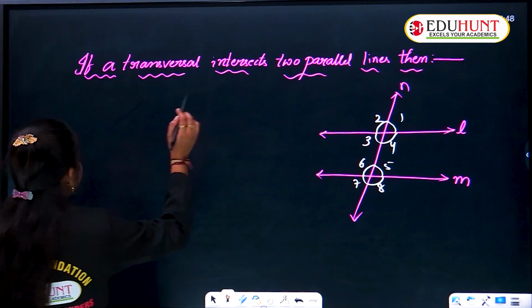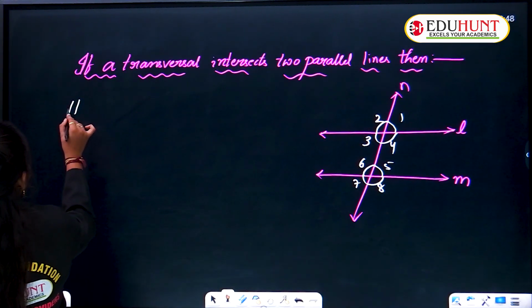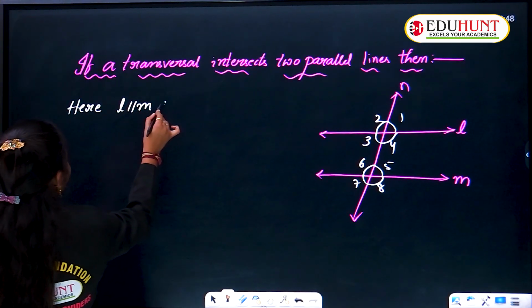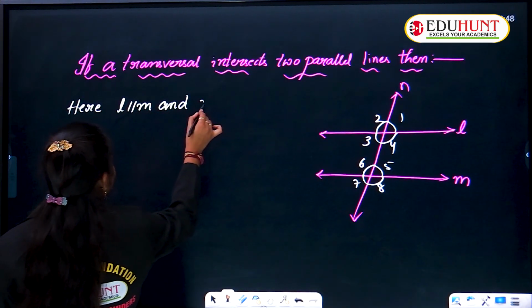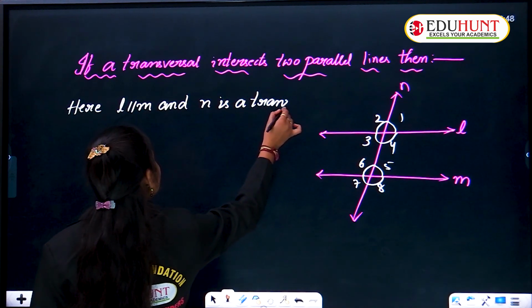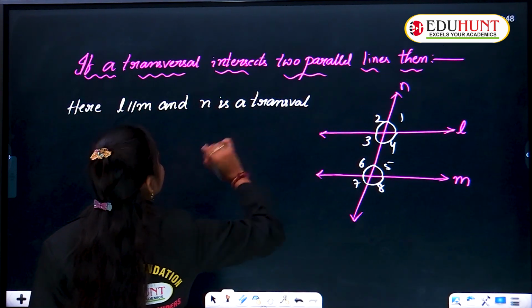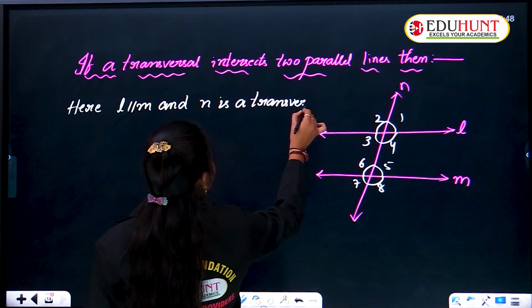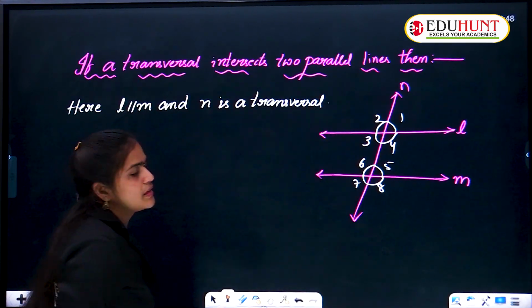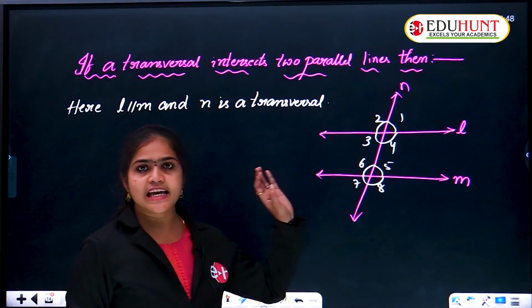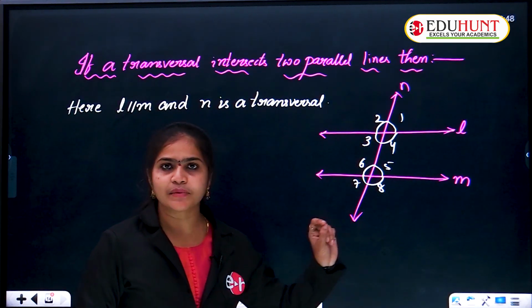Now what we can write here: L is parallel to M and N is a transversal. Clear? If the given lines are parallel, then we can observe some conditions.